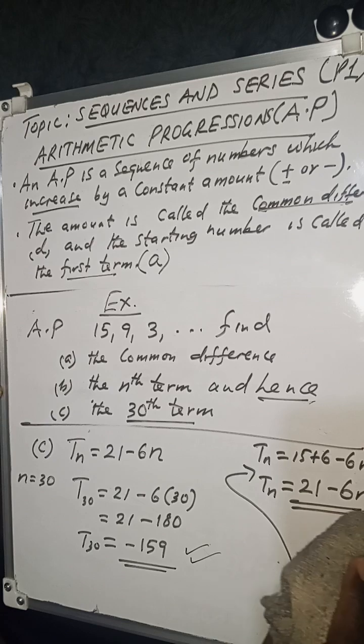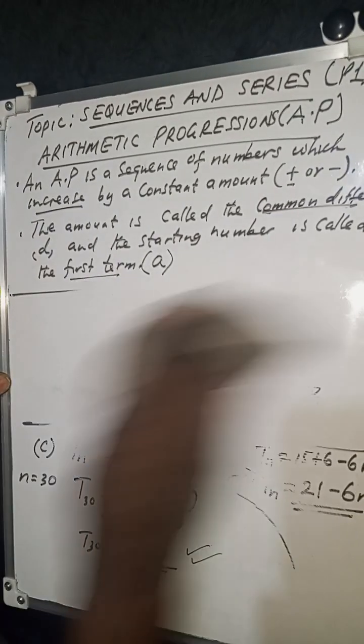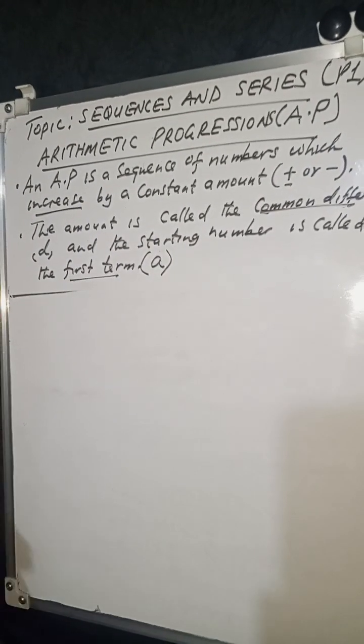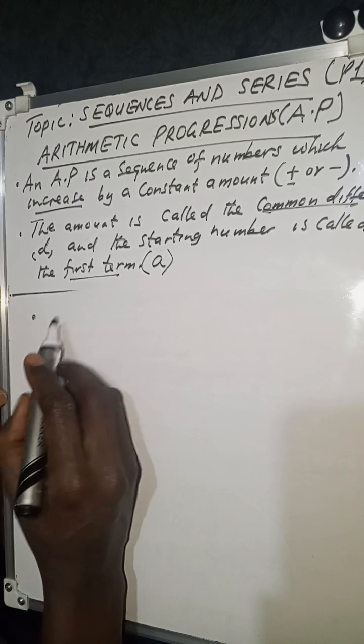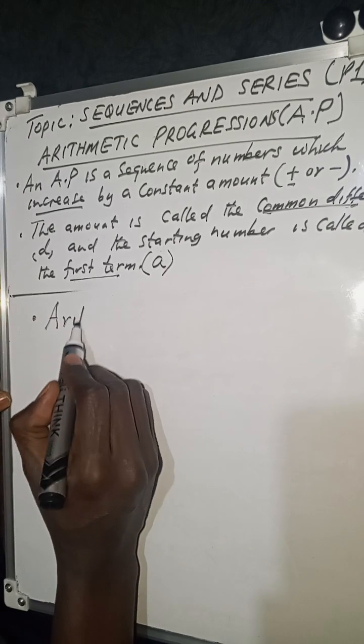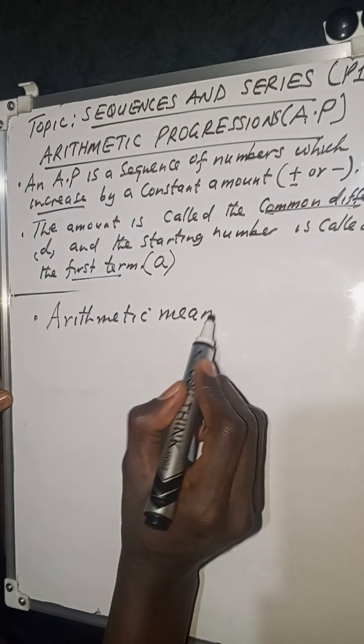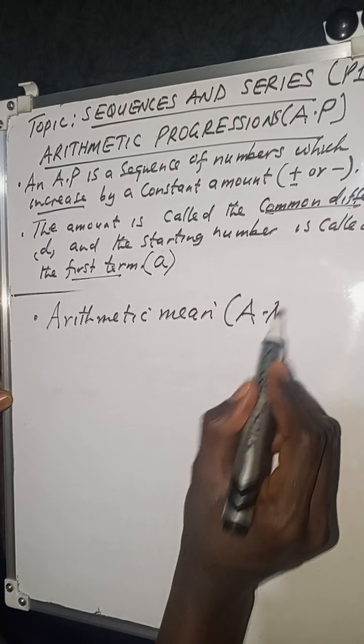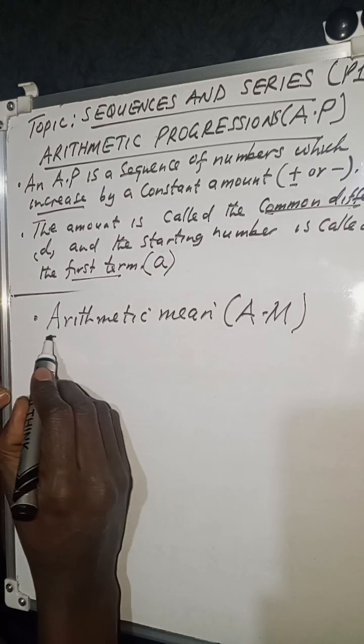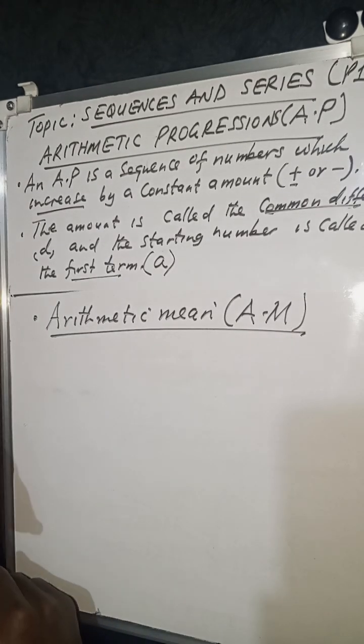Now, another concept that they are going to be asking you in the exam, they are going to be telling you to find what we simply call arithmetic. So there's also what we call arithmetic mean, which we commonly abbreviate as AM. So now the arithmetic mean of two numbers.